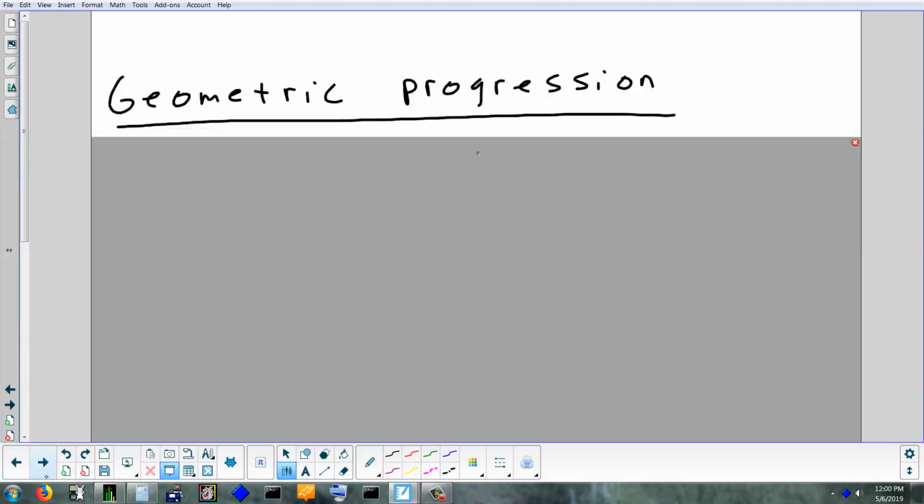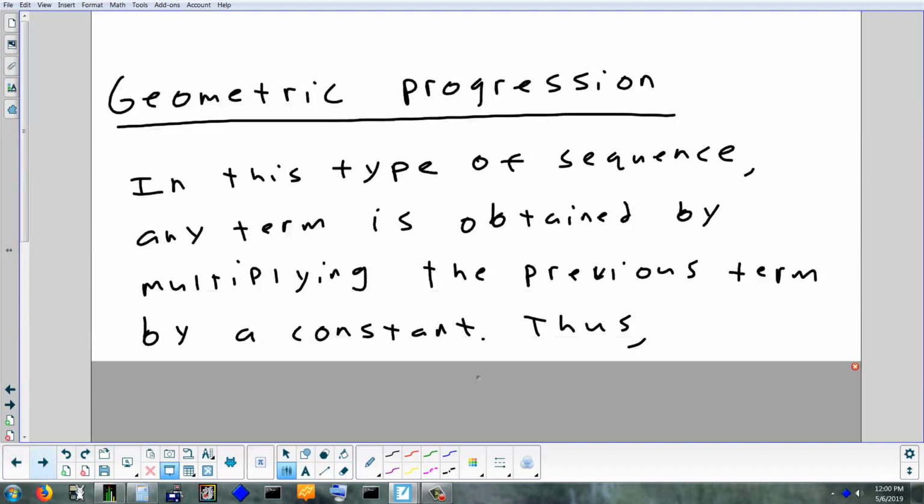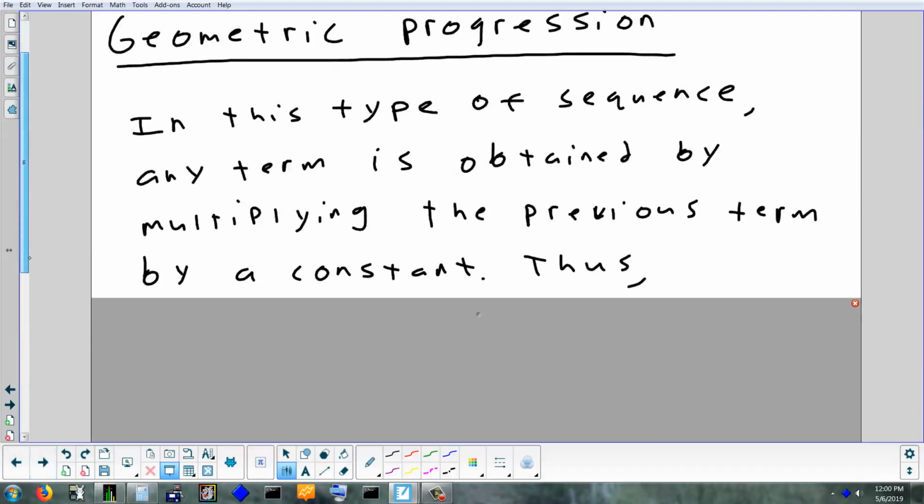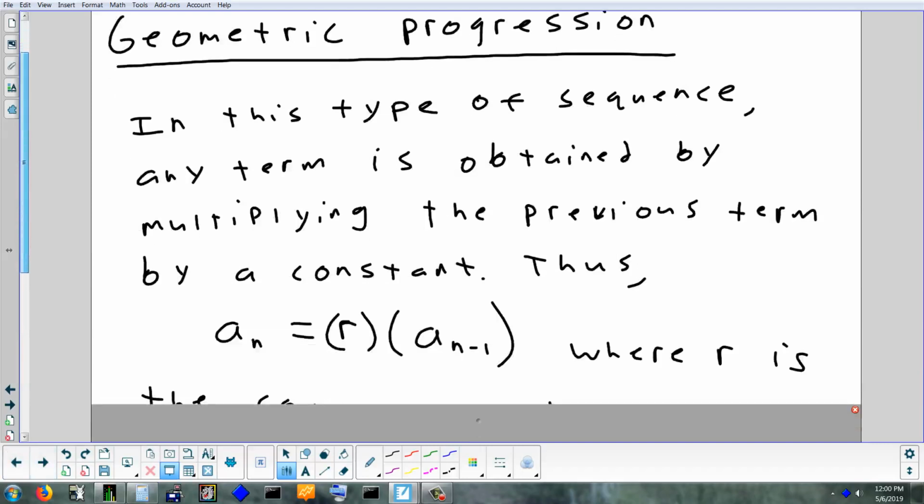Alright, so let's finish up with the formula for a geometric progression. So, geometric progression, a little different. This is when you multiply each time to get the next term. Okay, so recursively, your formula looks like this.